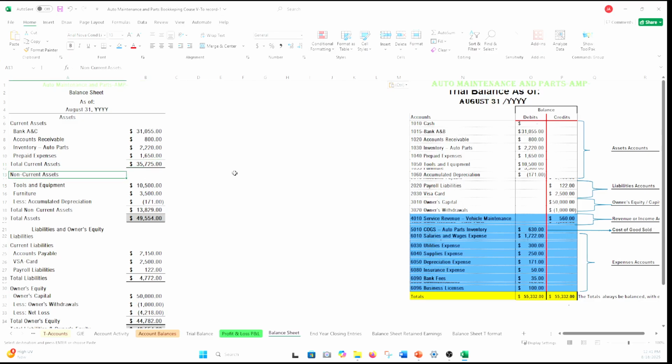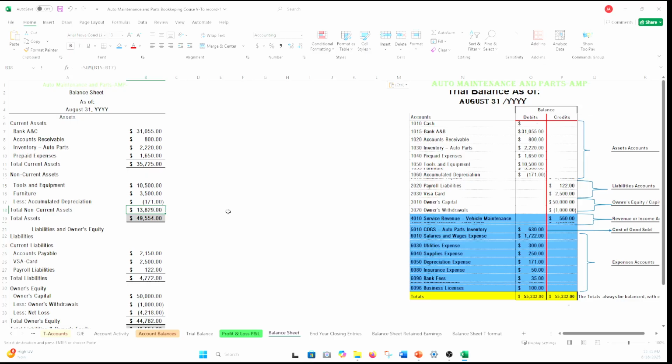And we are going to move to non-current assets. We already went through the definition of what that means. And we have here tools and equipment, 10,500, furniture, 3,500. So the total is 14,000, but minus the accumulated depreciation, which we calculated in our exercise 171, which means the total non-current assets is 13,829.